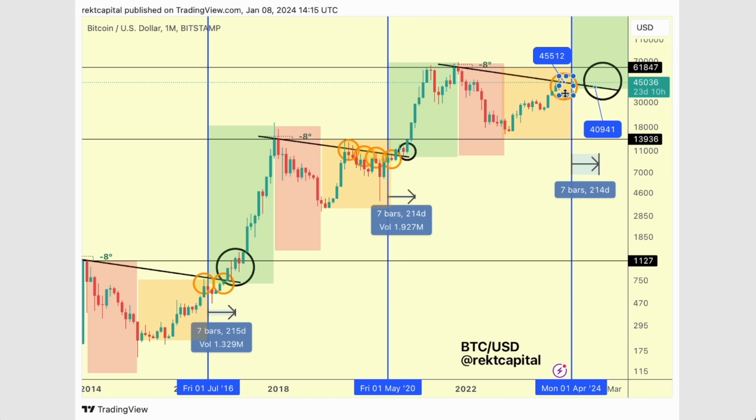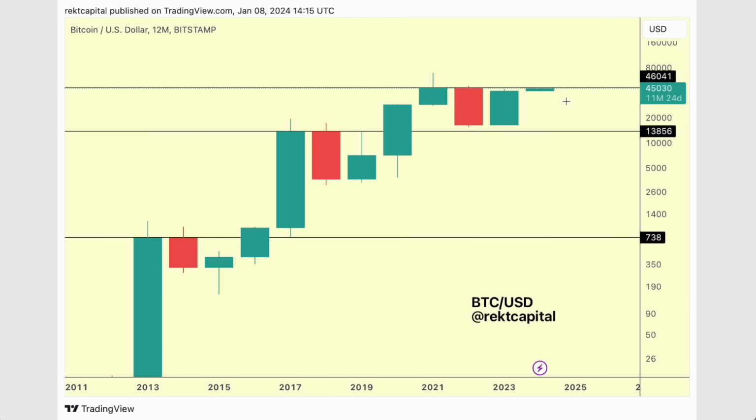So far, this resistance has been a very pivotal one, because even if we focus on the 4-year cycle, this being candle 1, 2, 3, and 4, candle 1, 2, 3, and 4, candle 1, 2, 3, and now 4, in every candle 4, we break the 4-year cycle resistance.